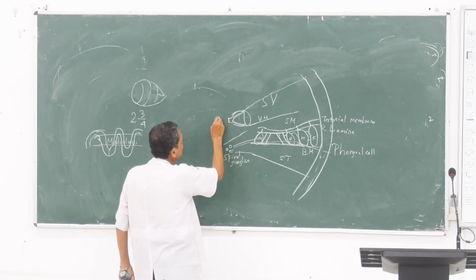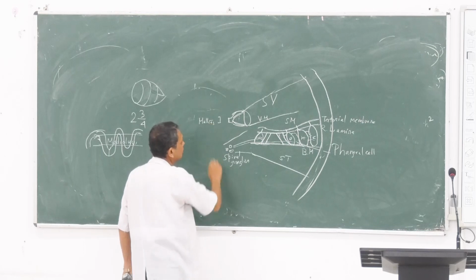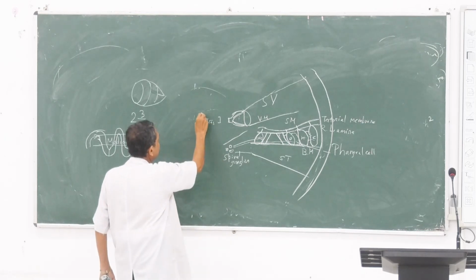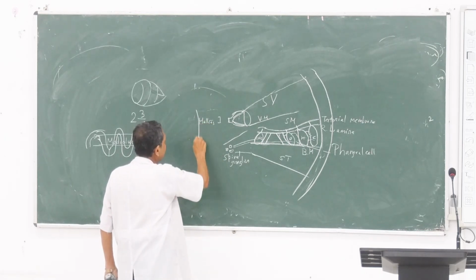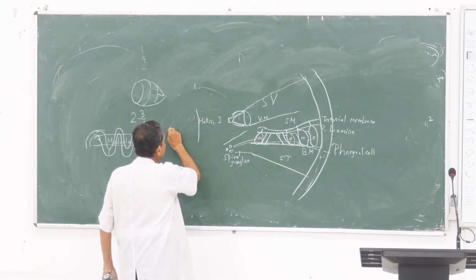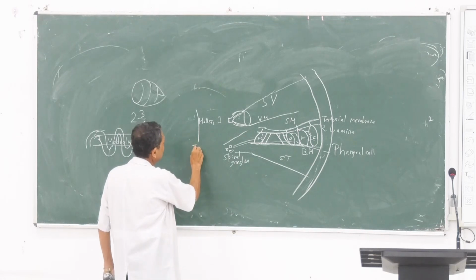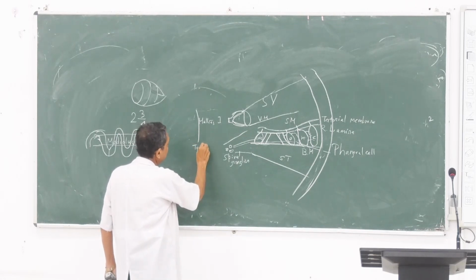It is connected to the incus, and that is connected to the malleus. Air is traveling and the malleus is attached to the tympanic membrane.